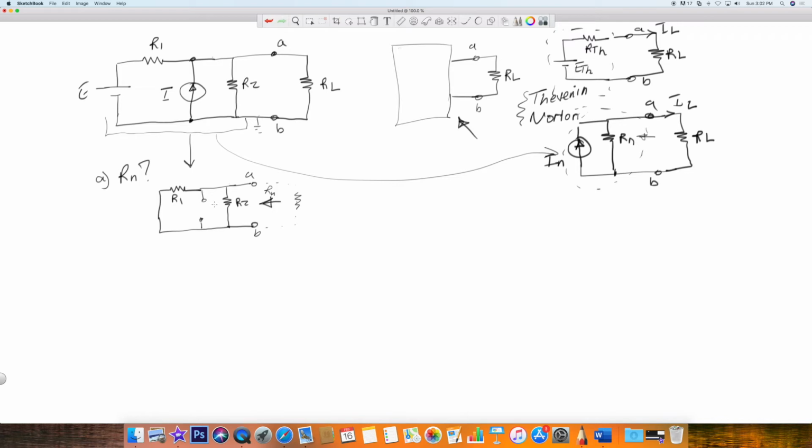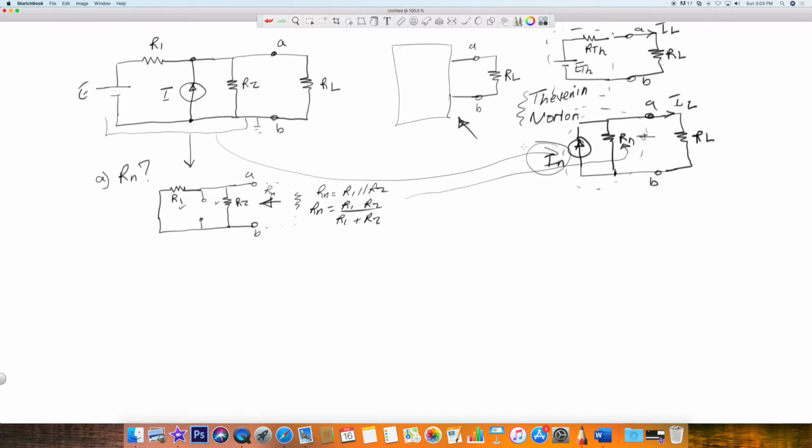So what do we see? We see two resistors in parallel. So RN, in our case, will be R1 in parallel with R2, which is really R1 times R2 over R1 plus R2, and that would be RN. Good, so we can plug that figure right here for the equivalent circuit.